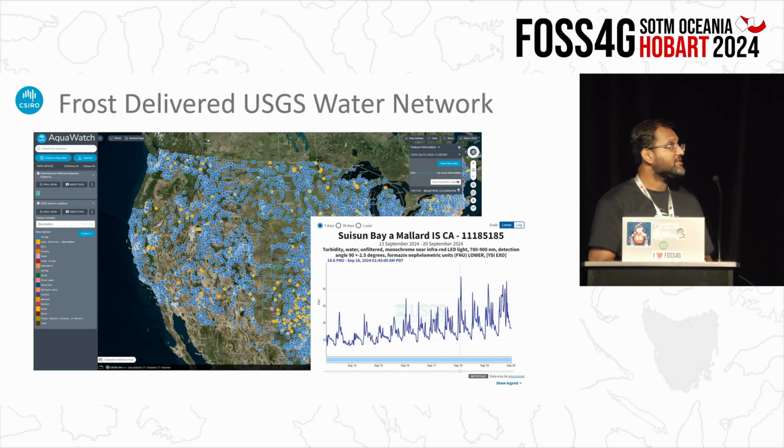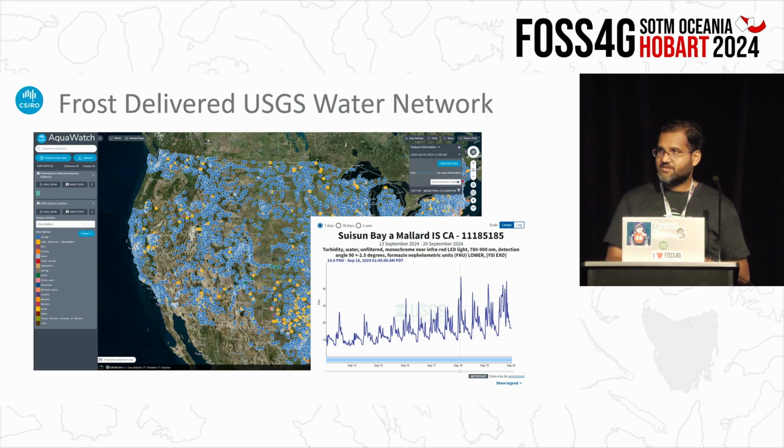So USGS has a very extensive water network, and they have set up FROST for delivering it, and they have around 100 or 115 or so water quality sensors around the US. We actually have a Hydrospectra with one of the USGS water quality sensors in the Sacramento Bay.